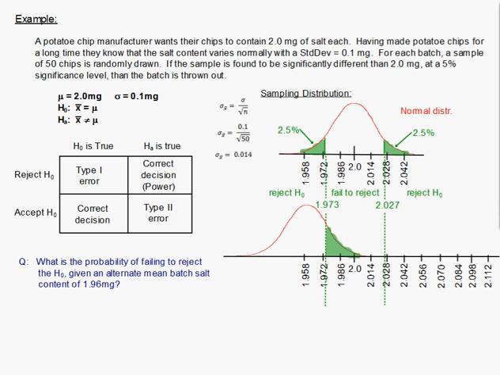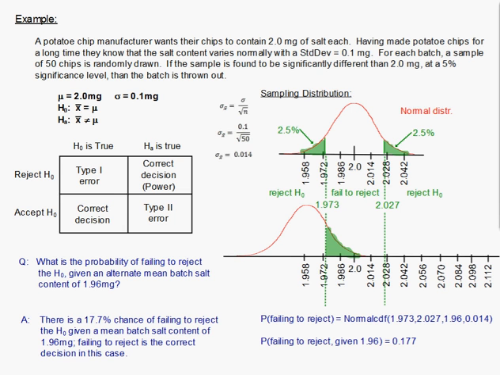And we can, of course, at this point, calculate the probability of failing to reject using normal CDF, using our lower and upper bounds for this middle section, and it turns out to be 17.7%.